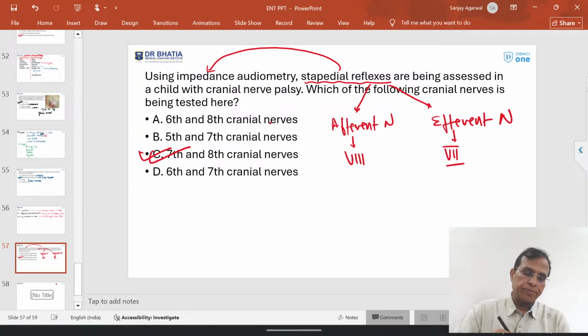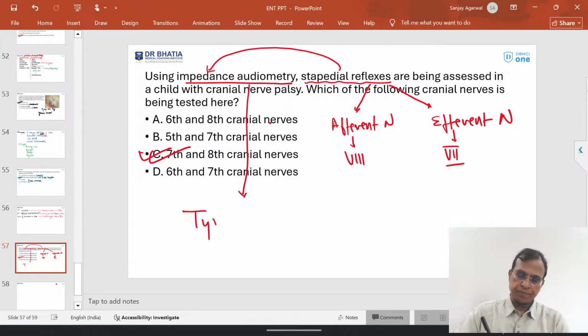Impedance audiometry is the other name for tympanometry. Remember this.